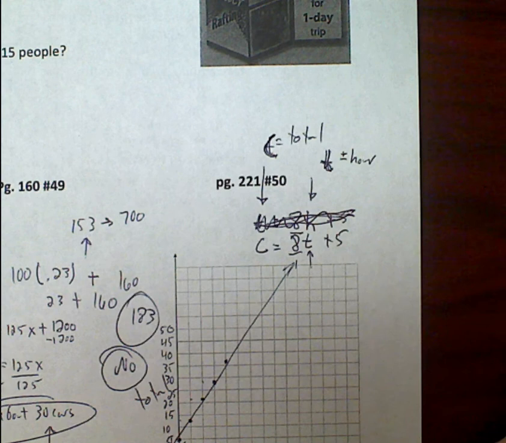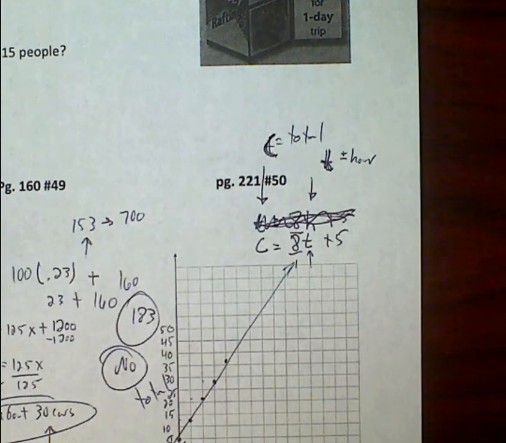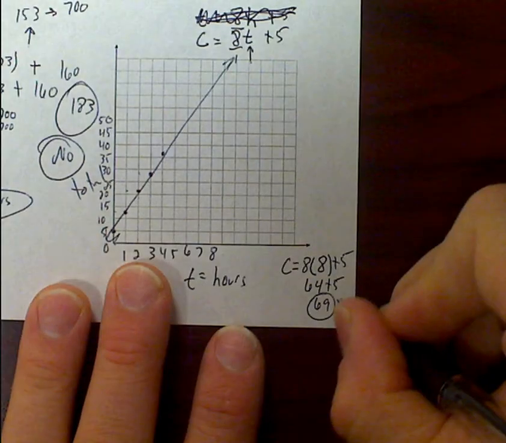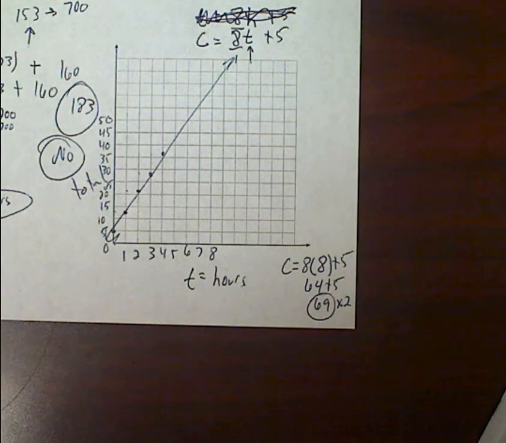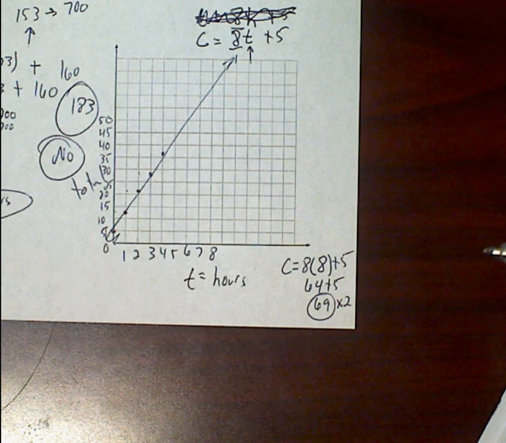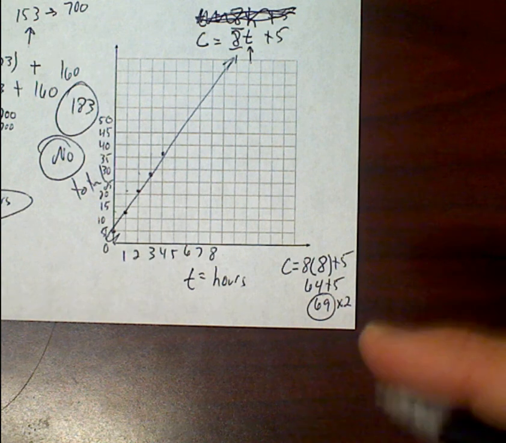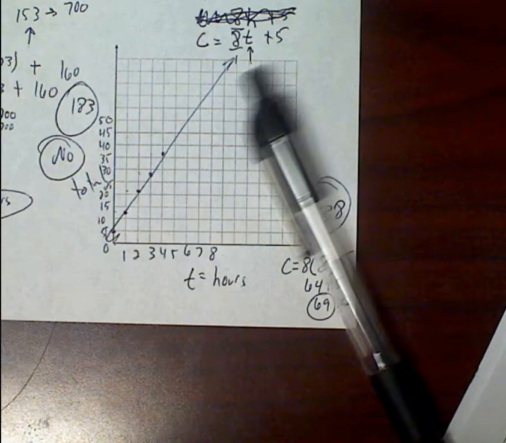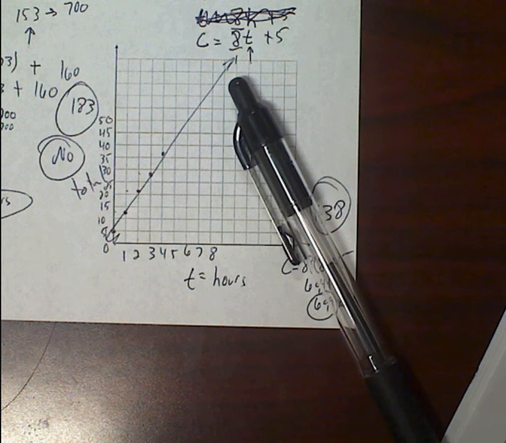That would give me 64 plus 5, which is 69. That is for one person. So I need to multiply this by 2 because this would give me the cost for 2 people. So 69 times 2 would give me 138. So it would cost 138 for 2 people, and we are done.